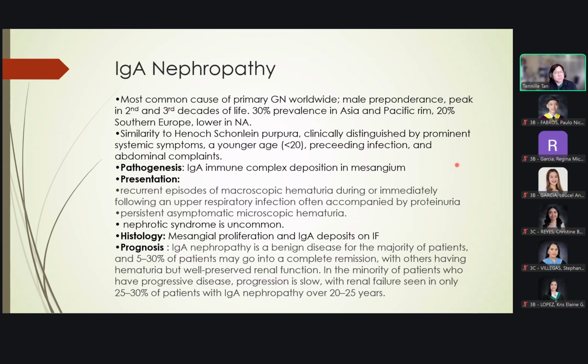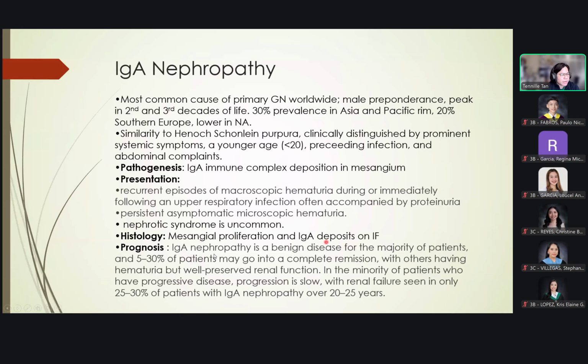It's often persistent, asymptomatic microscopic hematuria, and nephrotic range proteinuria or nephrotic syndrome is very uncommon. However, it can occur. Histology usually shows mesangial proliferation and IgA deposits on immunofluorescence. So the IgA deposits are diagnostic for IgA nephropathy.